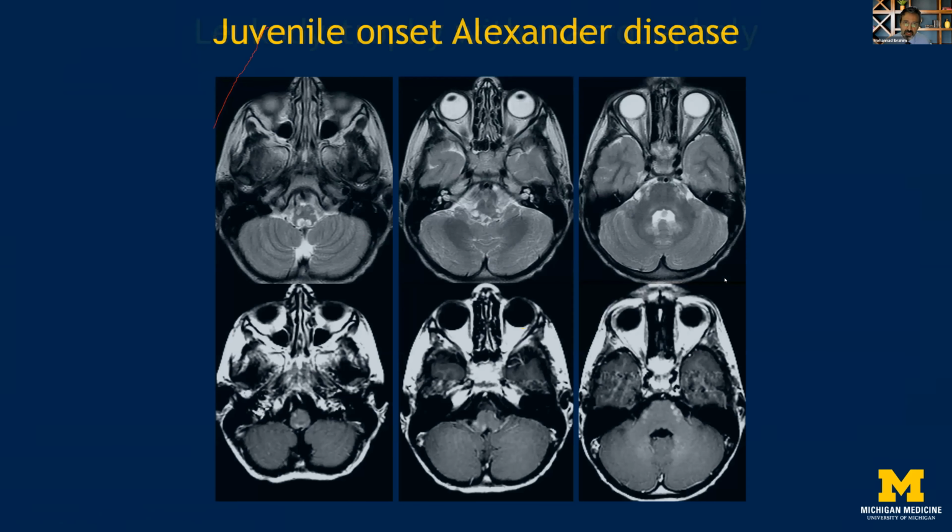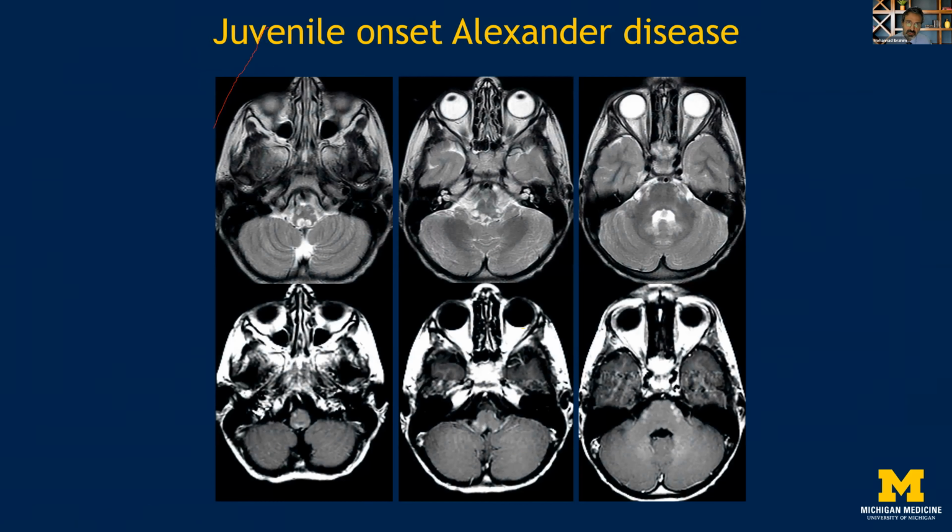How about this child? He's presenting much later in life. He is a juvenile with what we call juvenile onset Alexander disease. There's a shift of the distribution of the abnormalities from having frontal predominance. Now we have involvement of the posterior fossa with lesions around the brain stem.